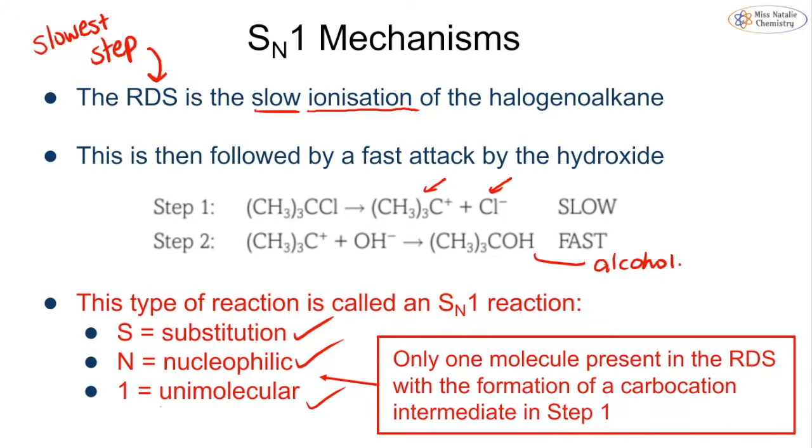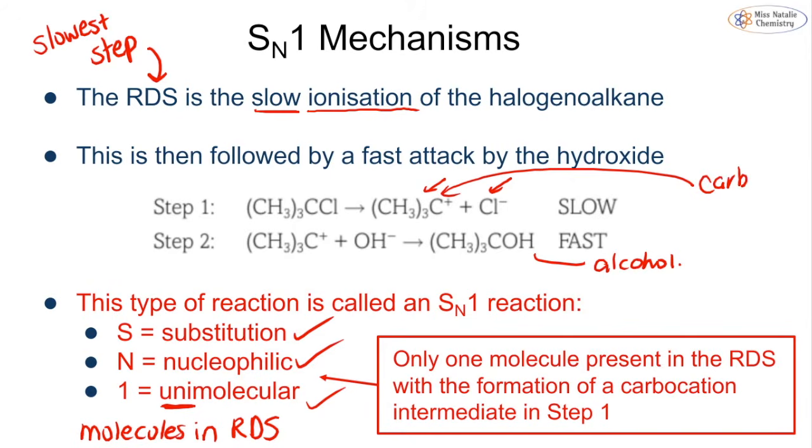So this unimolecular is referring to the molecules in the rate determining step, and it occurs via a carbocation intermediate. So this molecule here is our carbocation intermediate. So we have two clear steps happening here because I only have one molecule in my rate determining step.